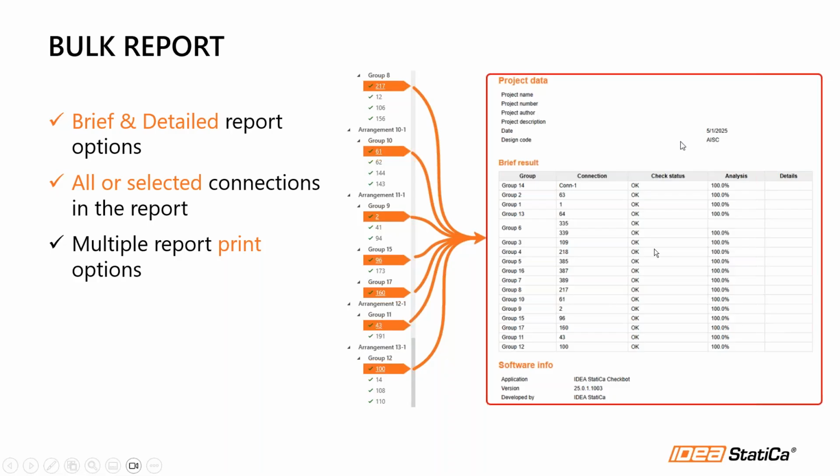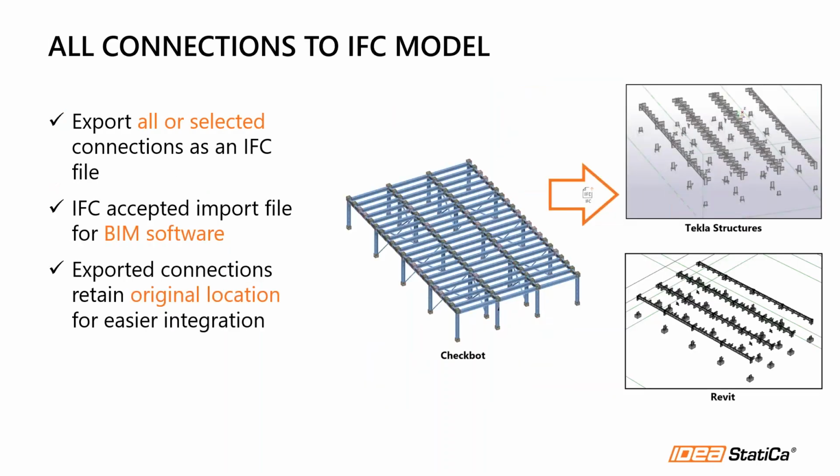After you select these connections, you can go to the Report tab and select the report type. You can create a PDF and get all the reports in one single file. Right, so this is also a new tab that we have in Checkbot. So this is only in version 25.